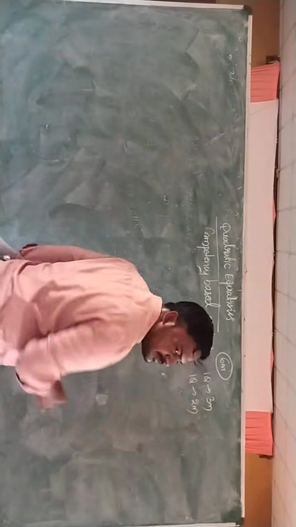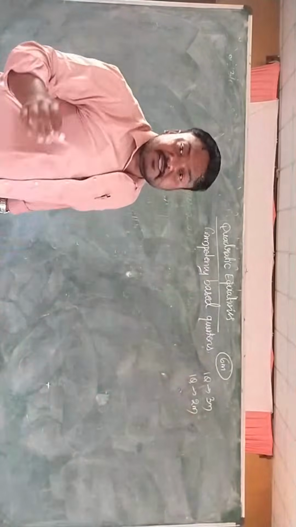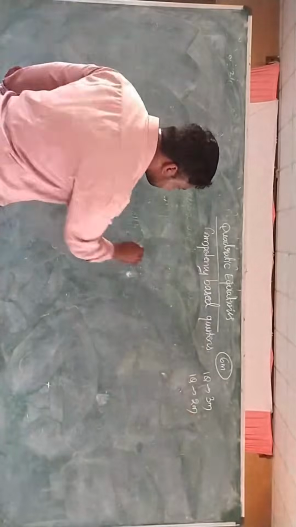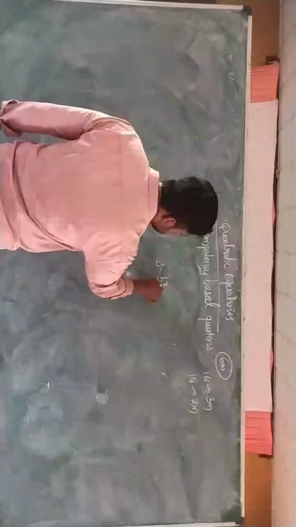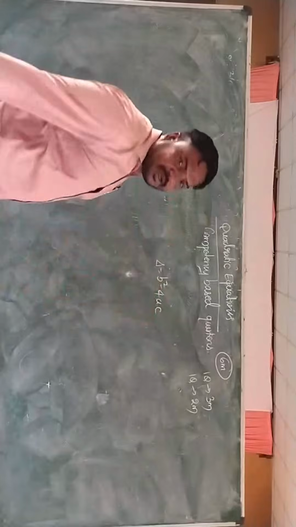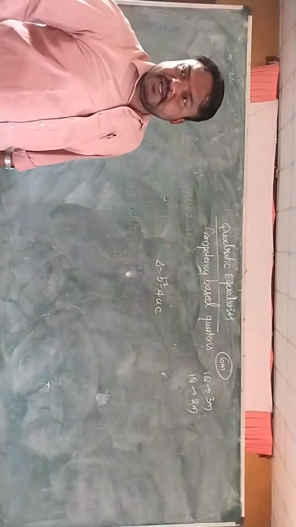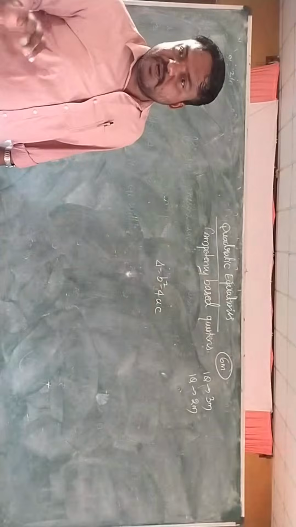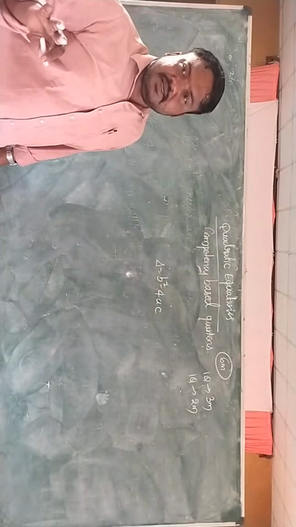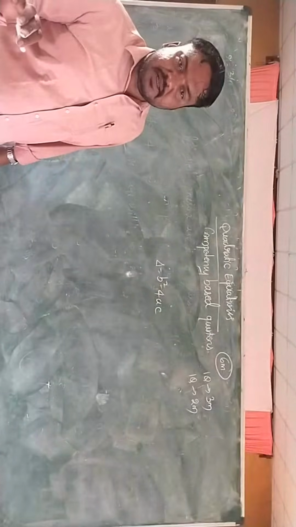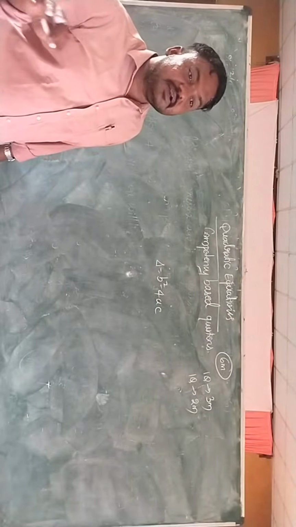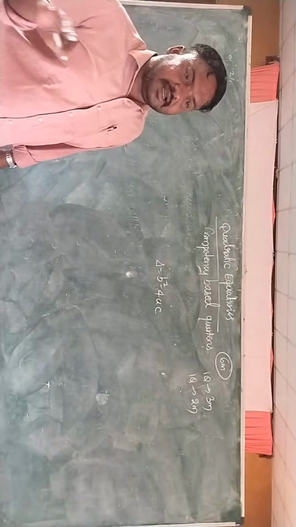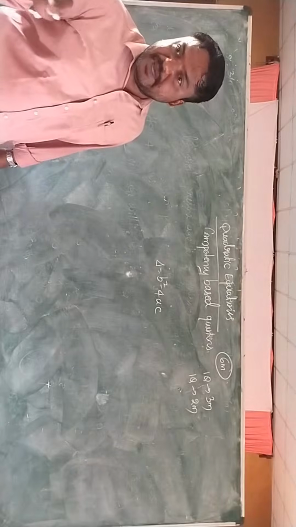This 2 mark question is based on the discriminant. Discriminant del is equal to b square minus 4ac. Here you will get three kinds of roots: one is real and equal, second is real and distinct, and third is no real roots, imaginary.